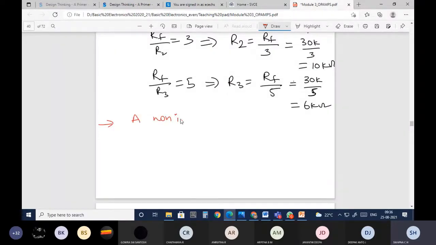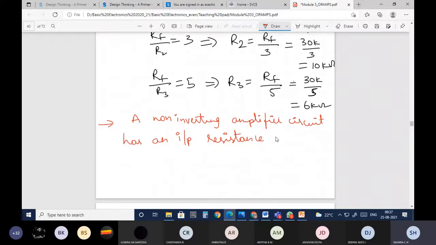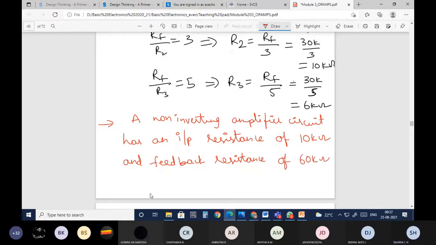A non-inverting amplifier circuit has an input resistance of 10 kilo ohms and feedback resistance of 60 kilo ohms with load resistance of 47 kilo ohms.